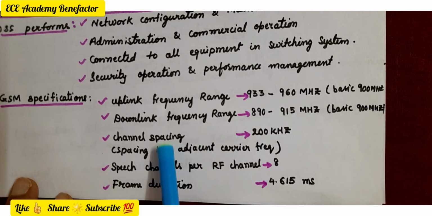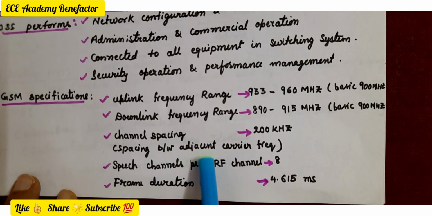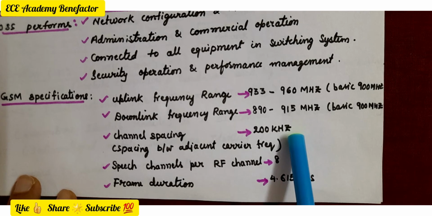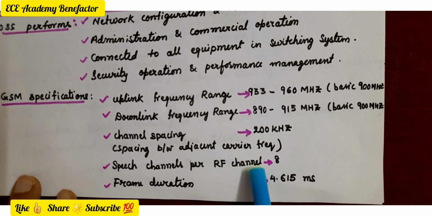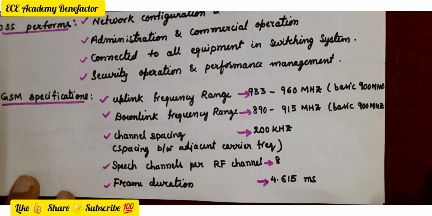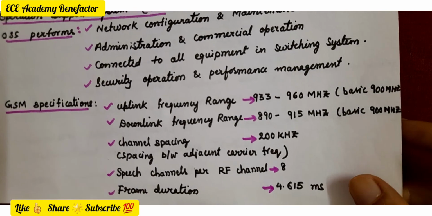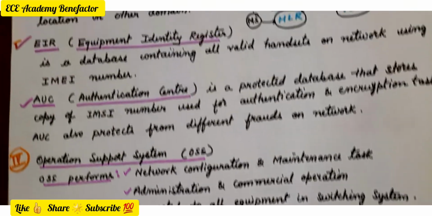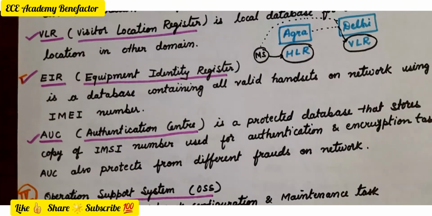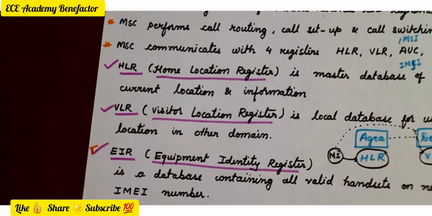The channel spacing, that is the spacing between adjacent carrier frequencies, is 200 kilohertz. Speech channels per RF channel is 8 and the frame duration is 4.615 milliseconds. Okay. So, these are the specifications of GSM. I hope you have understood the GSM architecture.